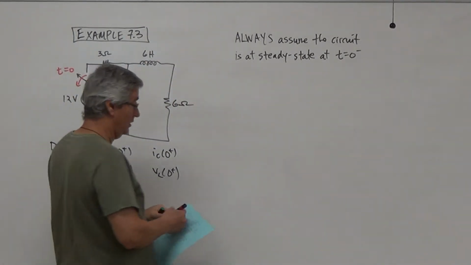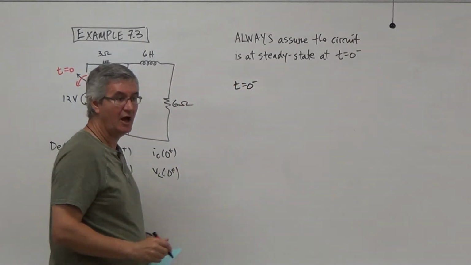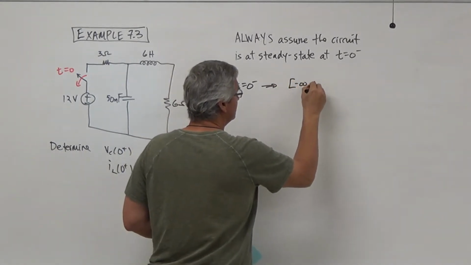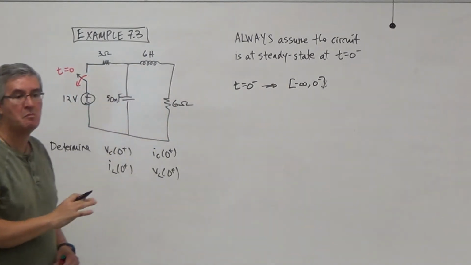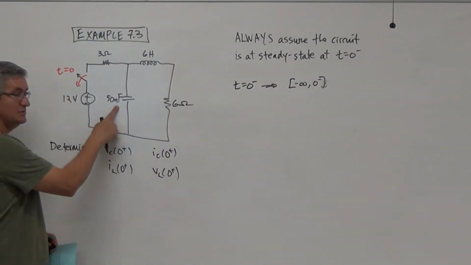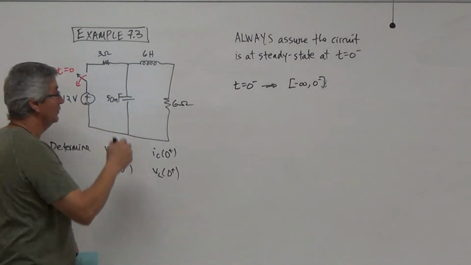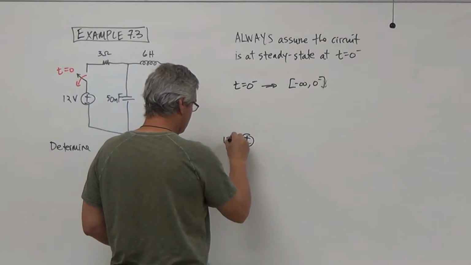So at t equal to 0 minus, I've really had how much time? It went from minus infinity to 0 minus. So there's more than enough time to reach steady state, in which the capacitor is an open and the inductor is a short.